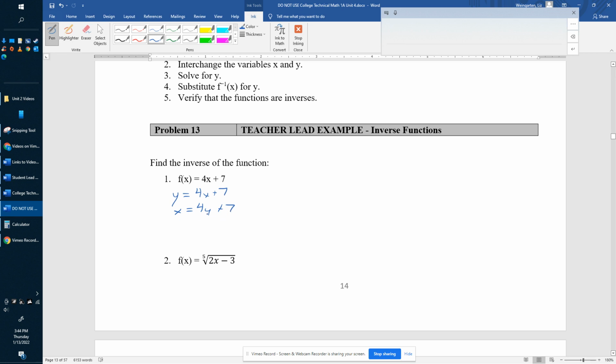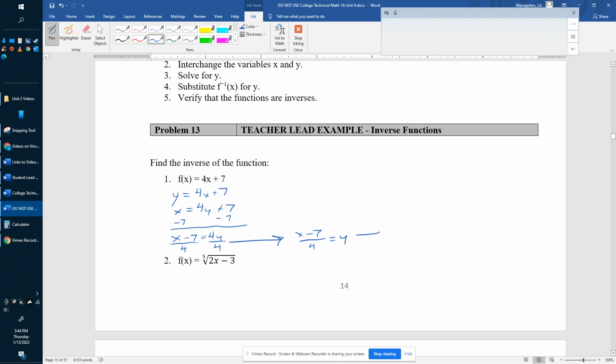So we got to get y on one side, everything else on the other side. So the first thing we got to do is get rid of that 7. Then we'll divide both sides by 4. And we get x minus 7 over 4 equals y.